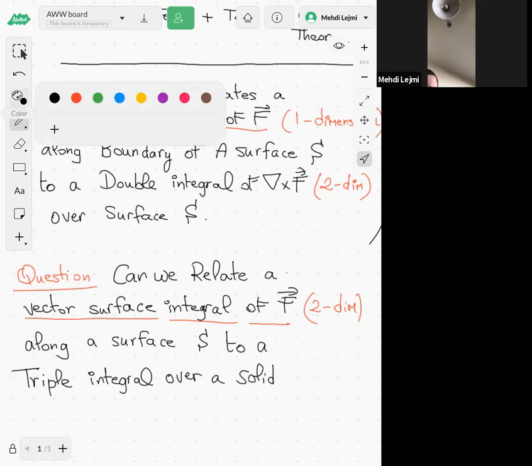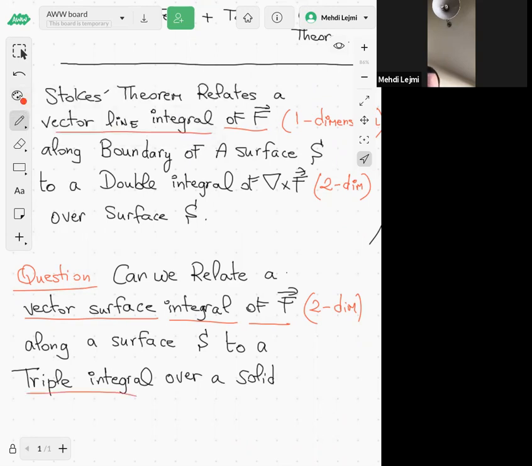A triple integral is a three-dimensional integral. And the answer to the question is yes, and that would be Gauss theorem.